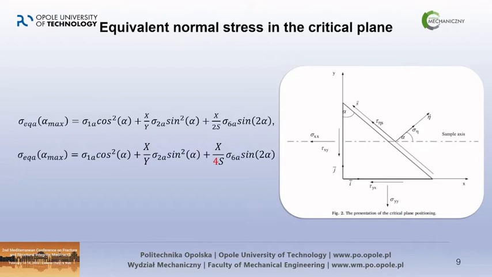So there was a proposition to apply a linear relationship for the components in the form of equivalent normal stress, however in the critical plane. Of course, the critical plane is not a plane of cutting or something, it is the plane of how the damage appears. This is a fictional plane where we analyze the maximum normal stress.